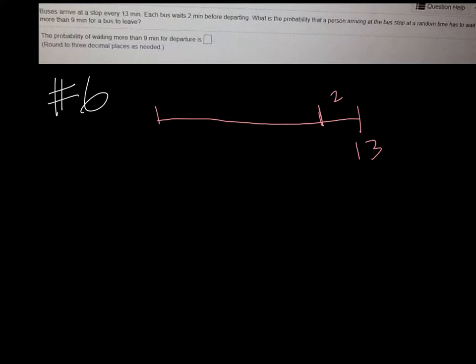So if I have a total of 13 here, so this would be, if this whole section was 9, over here, this squiggly would be more than 9 minutes. If the whole thing is 13, and I want to figure out what that squiggly part is, this is 9, so if I do 13, subtract 9, I would have 4. So it'd be 4 out of 13.